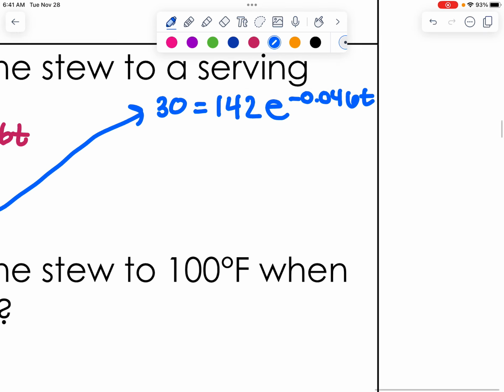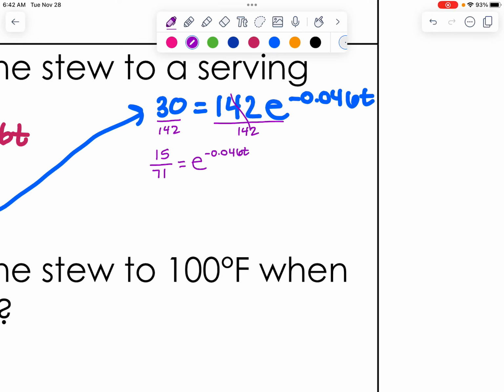And now we're going to keep solving for t. The next step I'm going to do is divide both sides by 142 to cancel this out. 30 divided by 142 is a decimal. I would rather keep it in fraction form, so that would reduce to 15 over 71 in my calculator, equals e to the negative 0.046t.